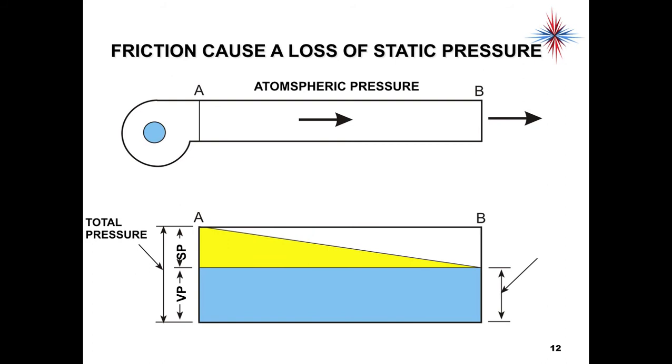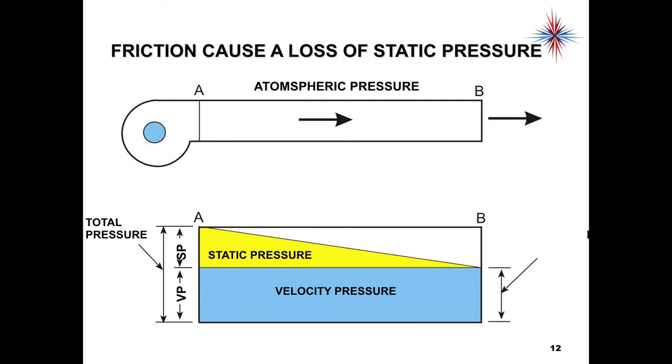As the air moves through the ductwork, my static pressure is going to decrease because of the friction against the side of the duct. And different duct materials have different levels of friction. So we have velocity pressure and static pressure as total pressure.